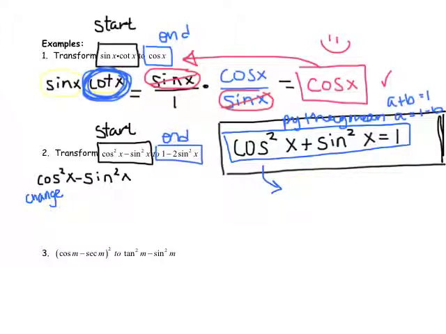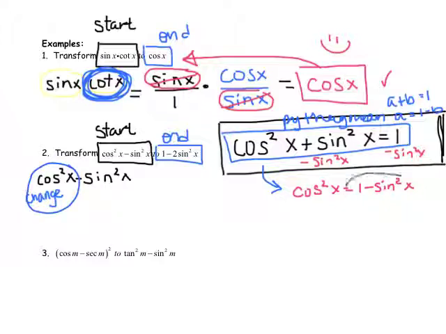If you take away a sine squared from both sides, you get cosine squared equals 1 minus sine squared. This over here is just some side work I'm doing so that I can figure out what to change this to. And I'm going to change it to 1 minus sine squared, because that's what cosine squared is equal to.